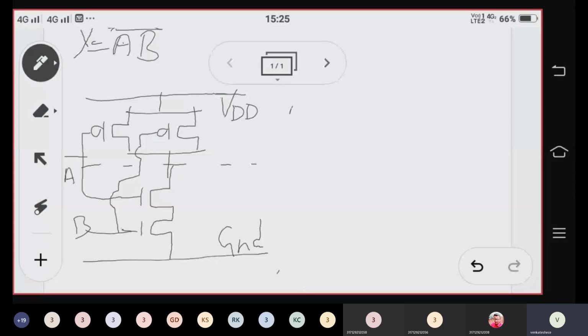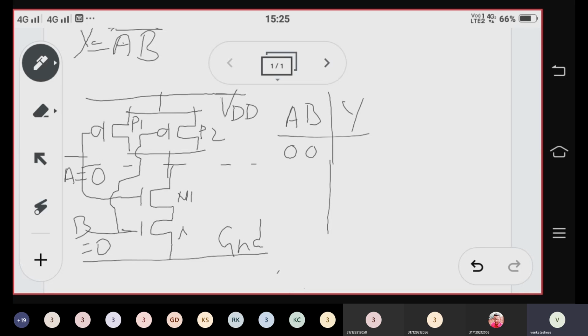So here inputs are A, B, and output is Y. Now let us consider initially I will give 0, 0 as input, means A equal to 0 and B equal to 0. Now I am putting some names to the transistors: P1, P2, similarly N1, N2.